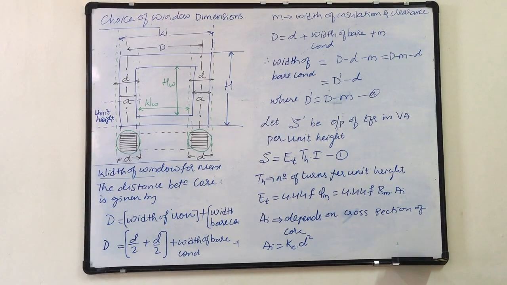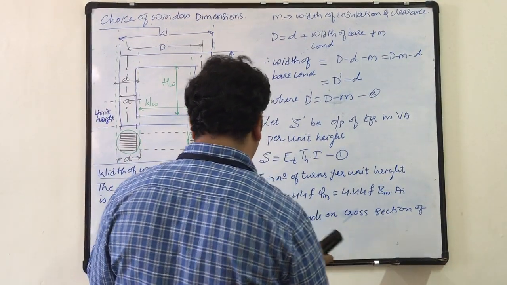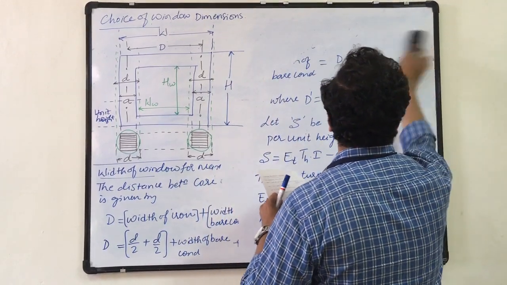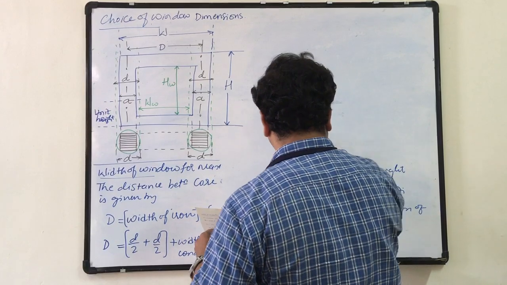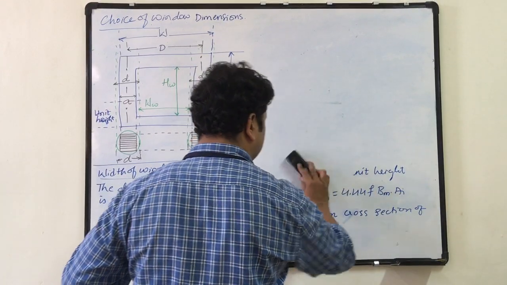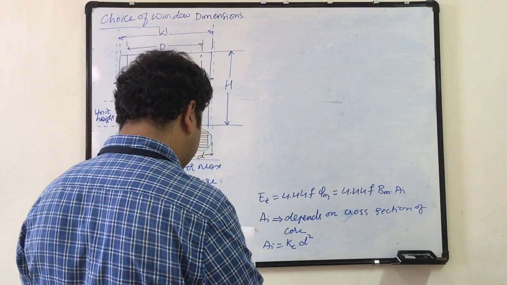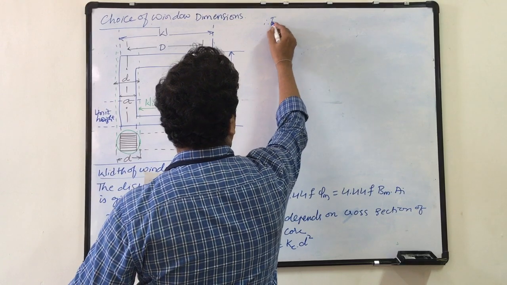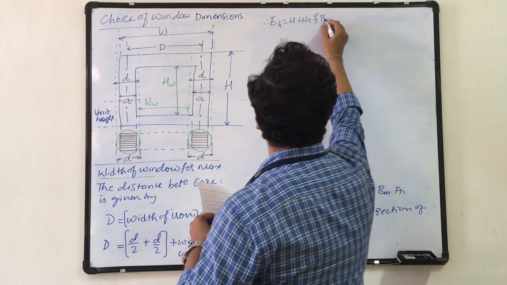Substitute that in the ET. So I can write ET is equal to, therefore EMF per turn equal to 4.44 F Bm.